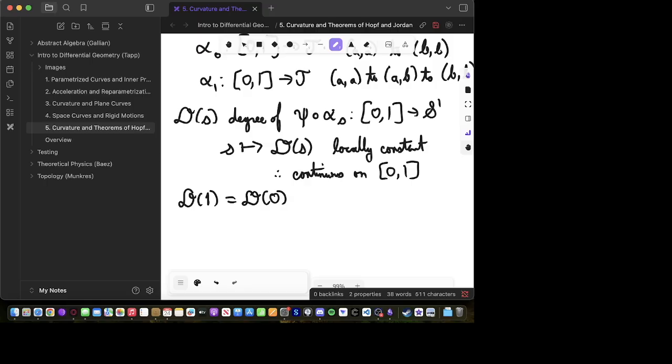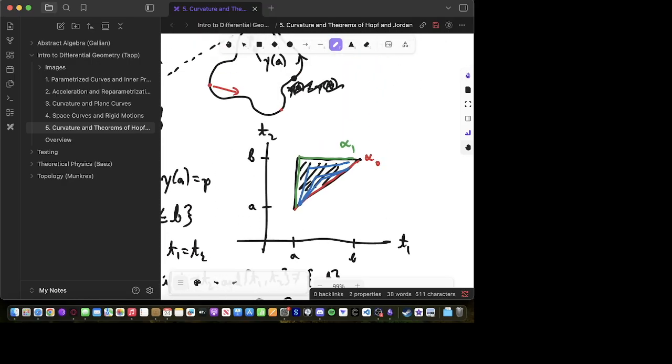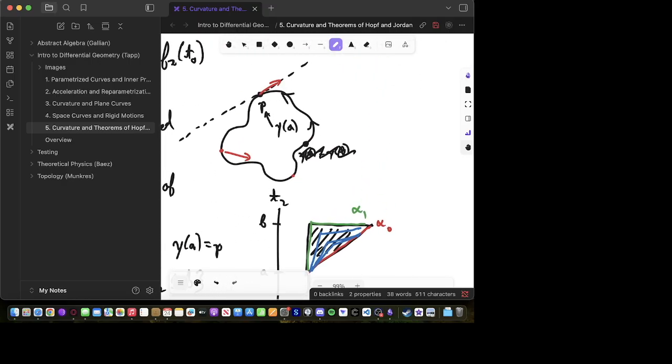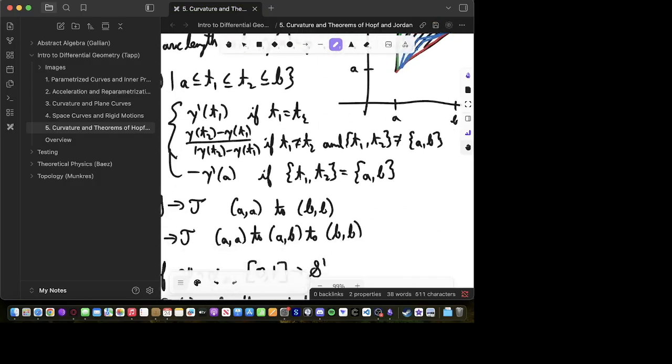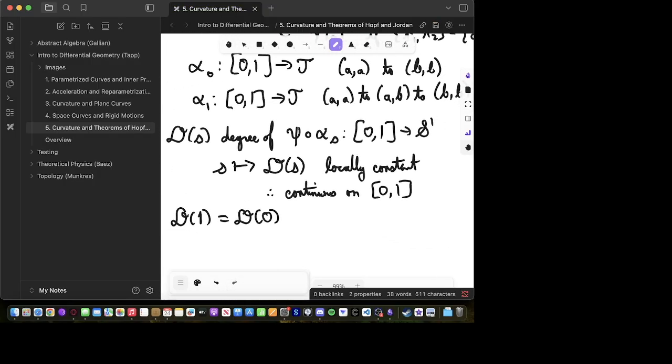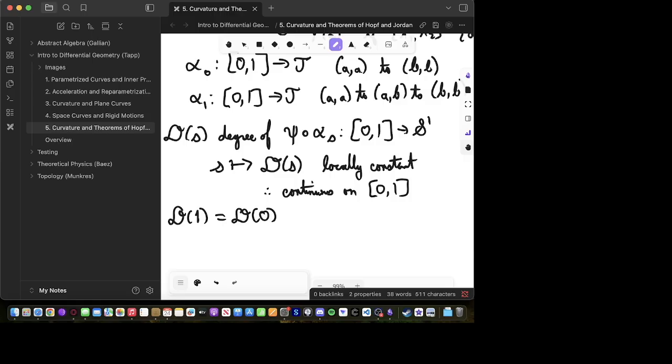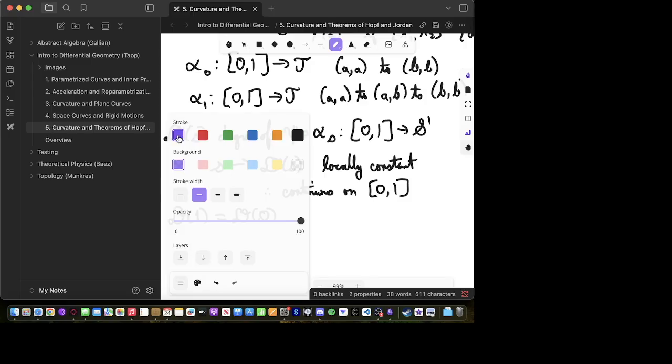So d0 is the degree of the unit tangent function of gamma, so if you can imagine tangent, tangent, tangent, and so on, that's basically psi of alpha 0, or d0.